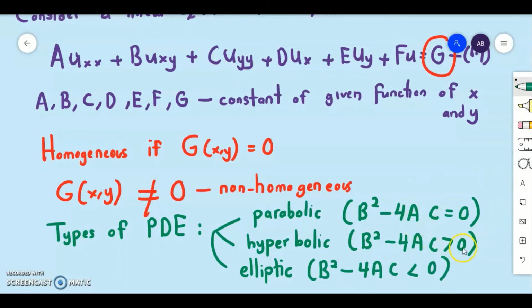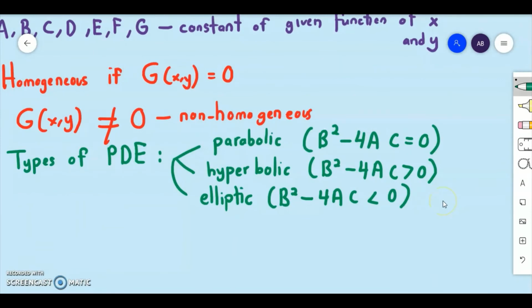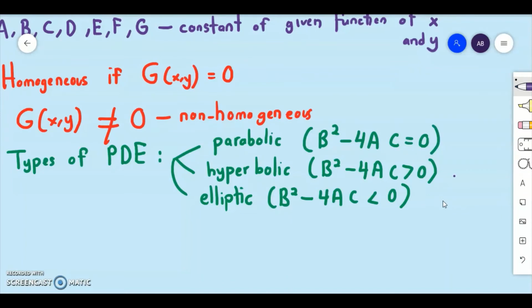Okay, so examples of parabolic equations are the heat diffusion equation. Examples of hyperbolic are the wave equation, anything involving waves or vibration of a string.